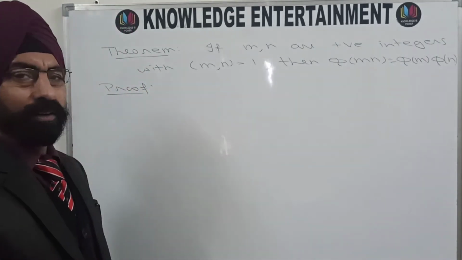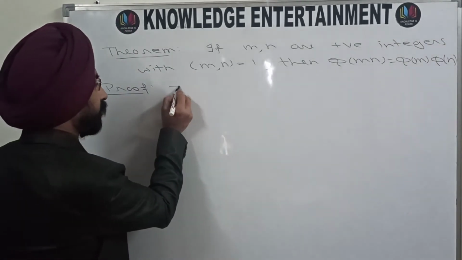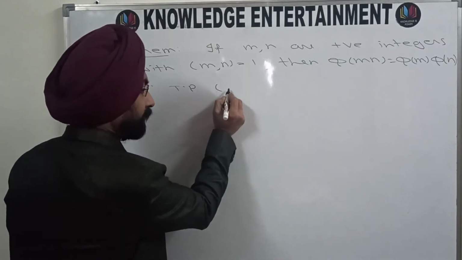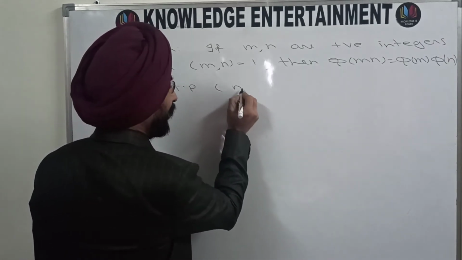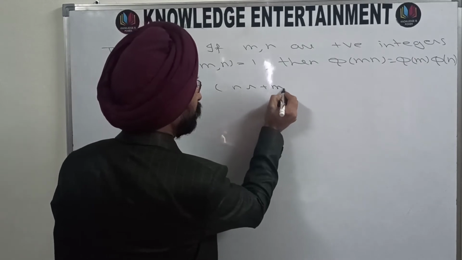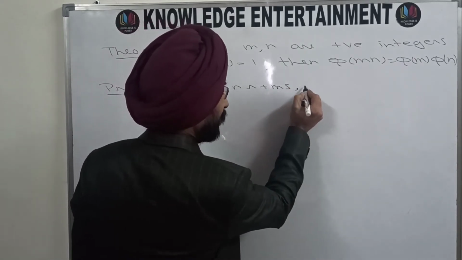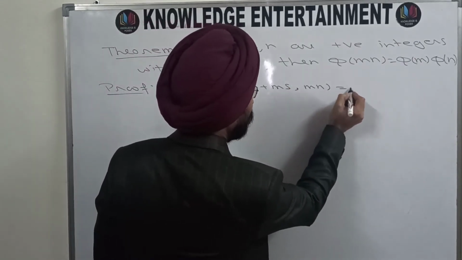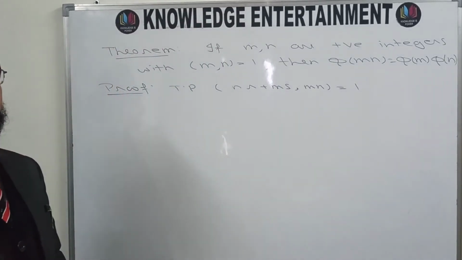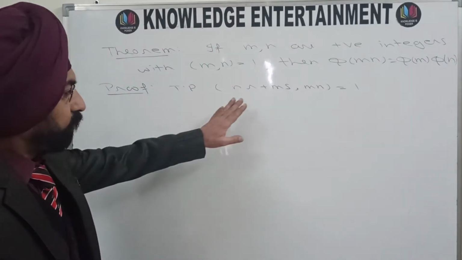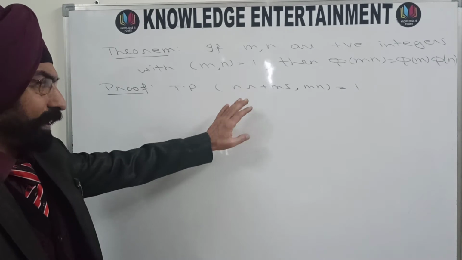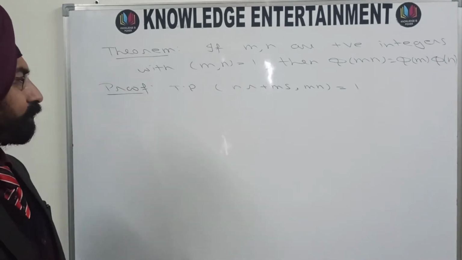First of all, we are to show that GCD of nR plus mS and mn is 1. This is the first part we are to show.